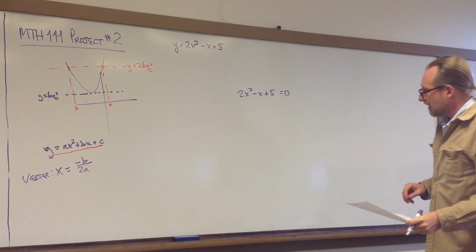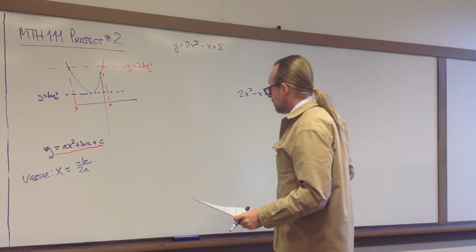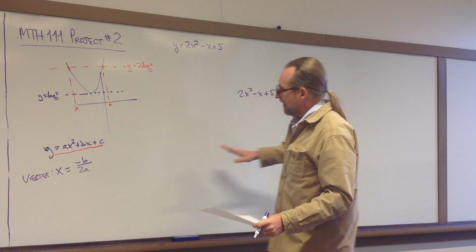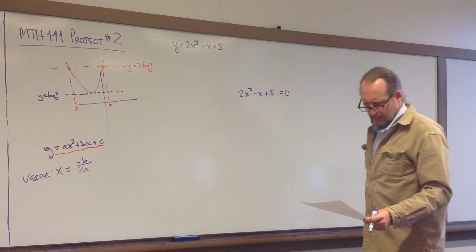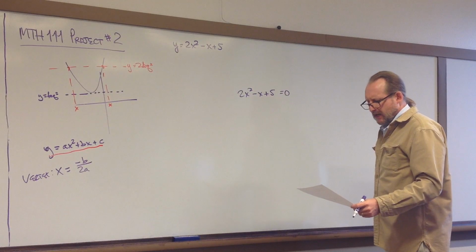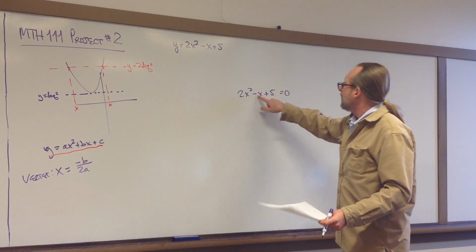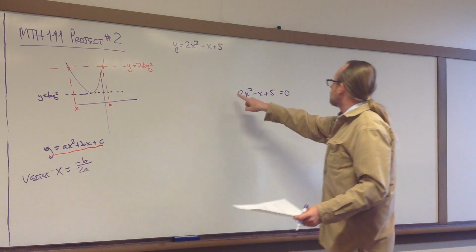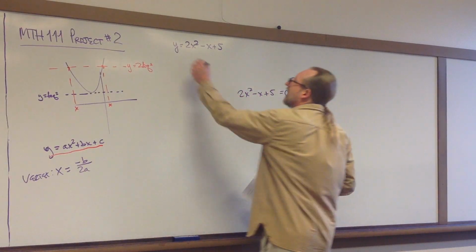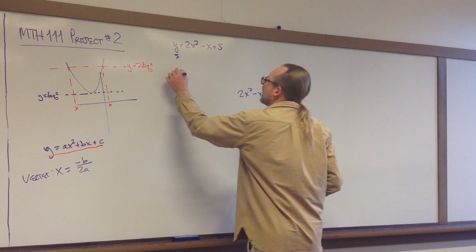Well, we don't necessarily have to graph it, but the idea is that we want to solve this equation by graphing it. So find the value of x and y at the vertex. So here's minus b over 2a. Calculate the value of x, plug it back in, and that'll give you a value for y.